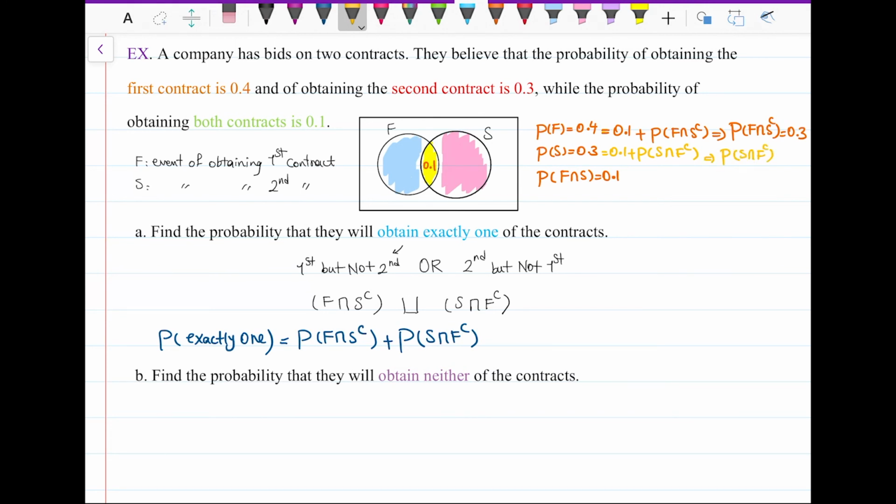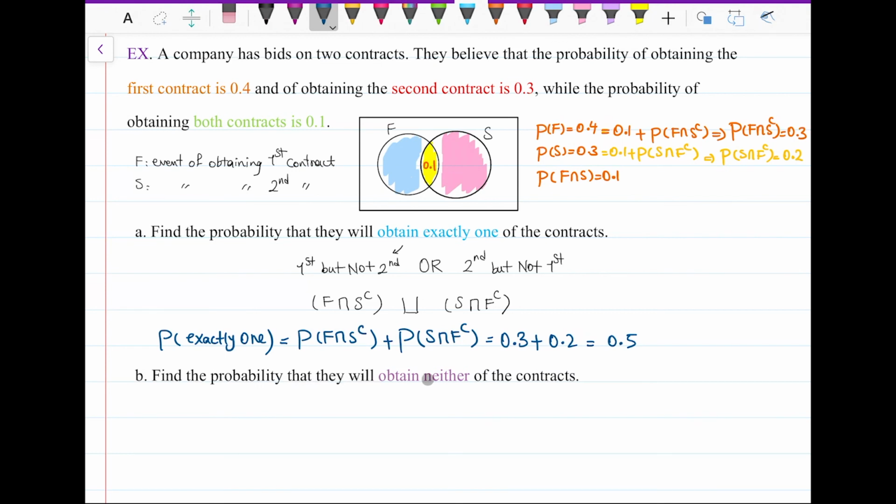So probability of S intersection with F complement is equal to 0.3 minus 0.1. So this is 0.2. Great, I found these two sets, so I can plug it in here. Probability of F intersection with S complement is 0.3 plus probability of S intersection with F complement is 0.2. So together I get 0.5.